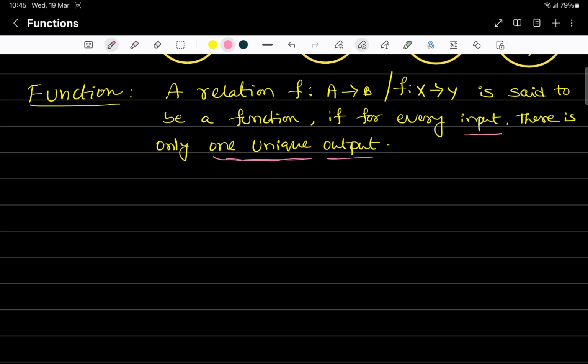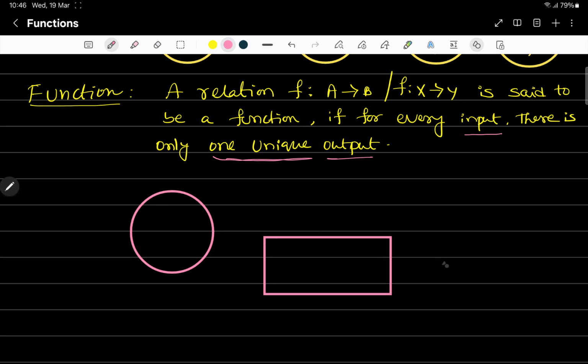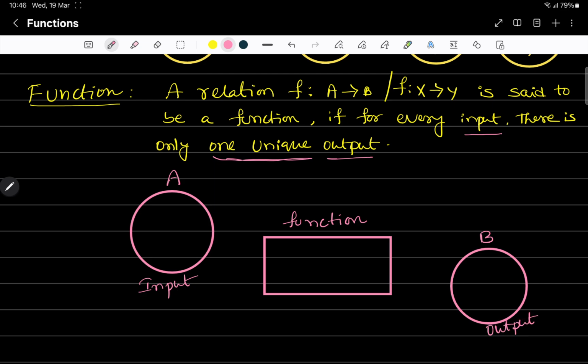For example, see here. Now this is group A and this is group B. Say this is a function. This is called input and this is called output.